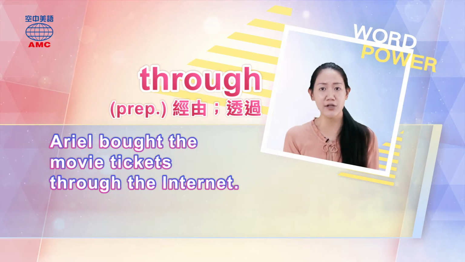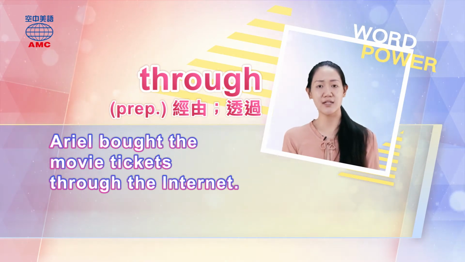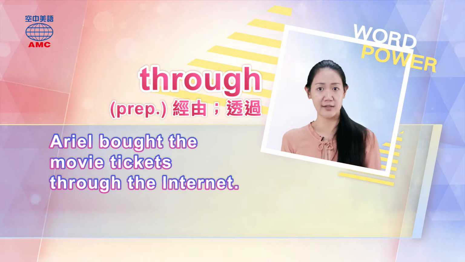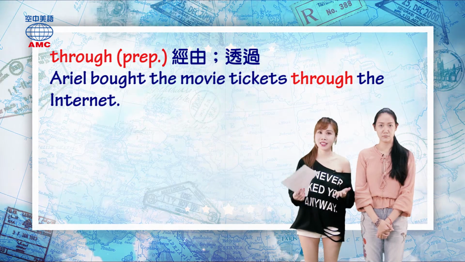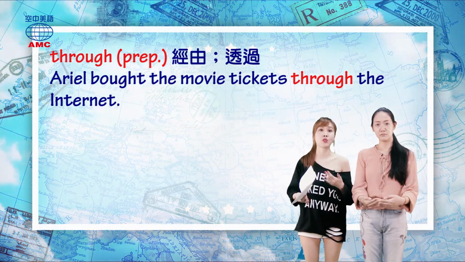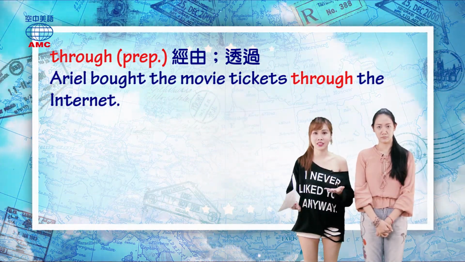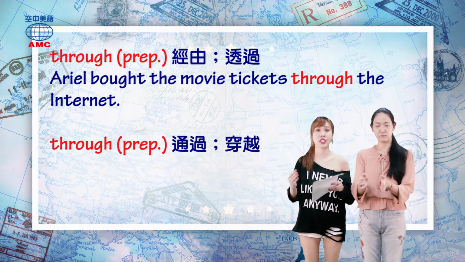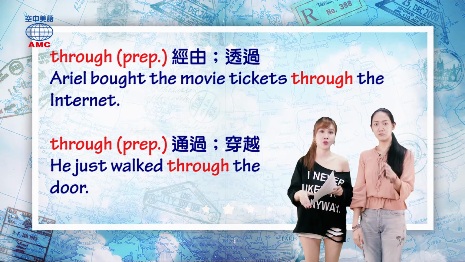So we can say Ariel bought the movie tickets through the internet. Ariel bought the movie tickets through the internet. 好，through 是个介系词，就是经由什么，透过什么。像是 Ariel，他是透过了网络买了电影票哦。或者如果你经由门走进来，就可以说 He just walked through the door.